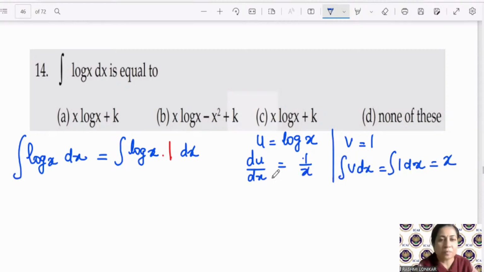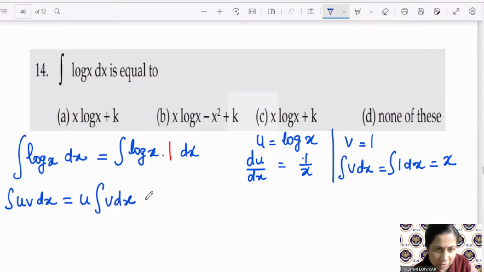I have my u, I have my v, I have my du by dx, I have my integral v dx. So, integral of u v dx is equal to u integral of v dx minus integral of du by dx into integral of v dx.